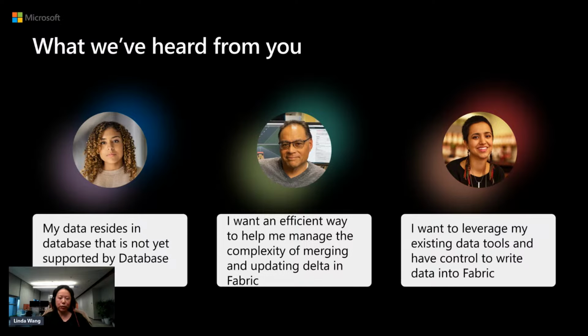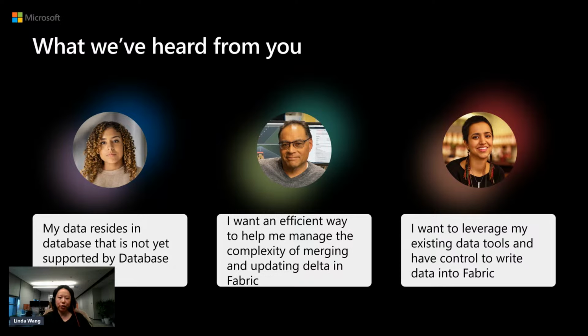Or you may have ways to pull the data from the source, but you want a more efficient way to write data into Fabric, for example as delta tables, but you don't want to manage those complexities or maintain the delta tables. And you may be using different tools, like data integration tools that already move data from A to B, and you want to use the same tool to write data to Fabric efficiently.